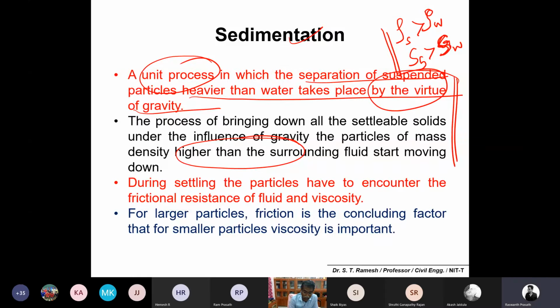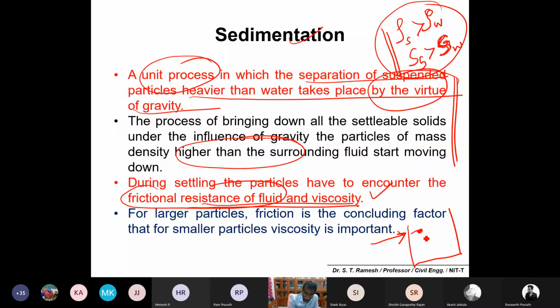During settling, particles have to encounter the frictional resistance of the fluid and viscosity. Imagine you have a tank and particles come in after flocculation. The particles have to encounter frictional resistance of the fluid as well as viscosity; these are directly connected.